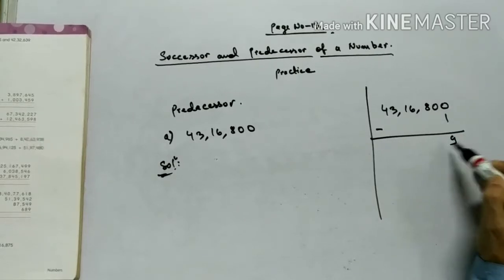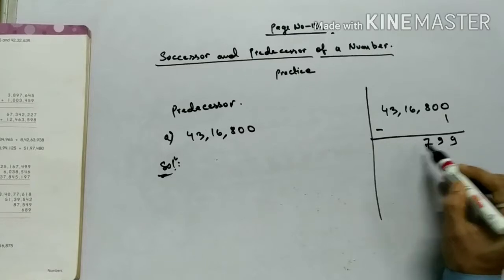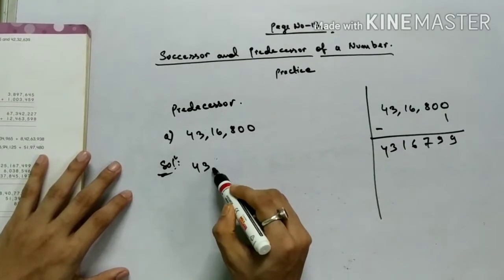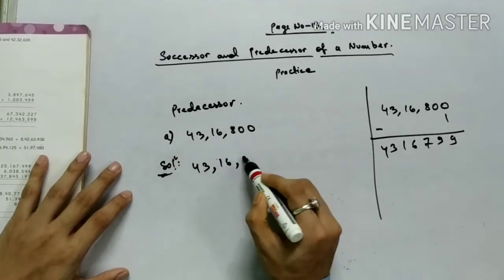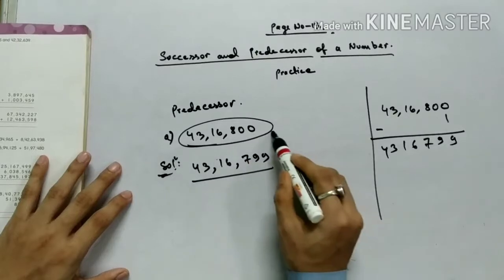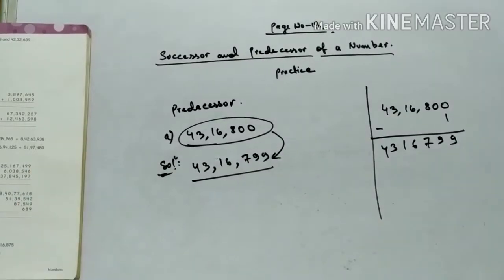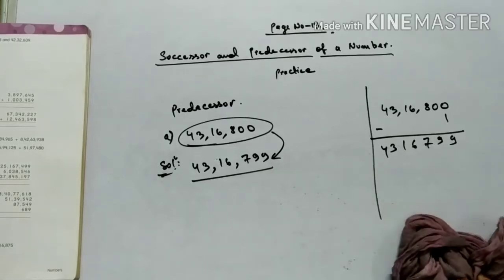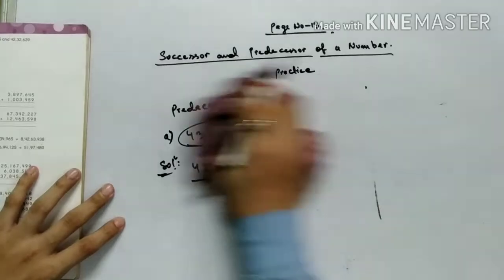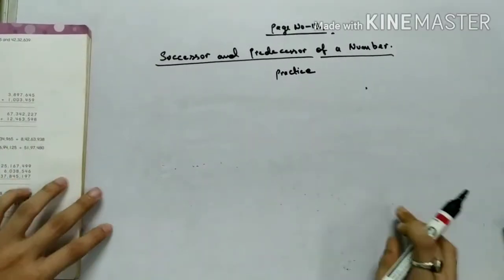This is 10 minus 1, 9. This is 9. So our number is 43,16,799. The predecessor of this number is this one. Remember, to find the predecessor, we subtract 1, and to find the successor, we add 1.